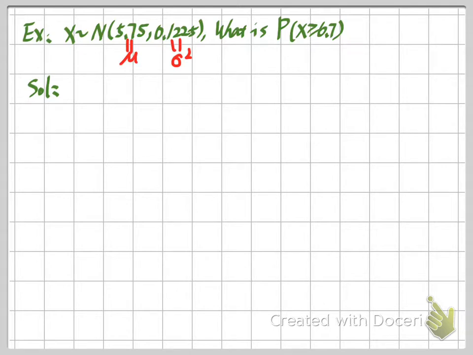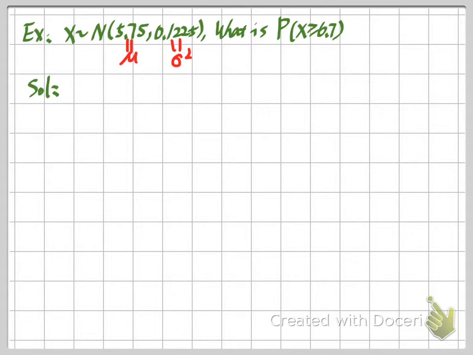To compute this, the first thing we know is that because our random variable is a normal random variable, we want to rewrite this as a standard normal random variable. The second thing is that we want to use the table of the standard normal random variable to compute this probability.